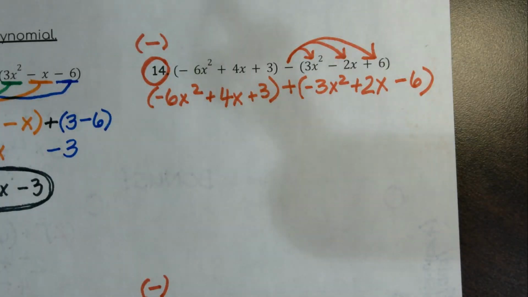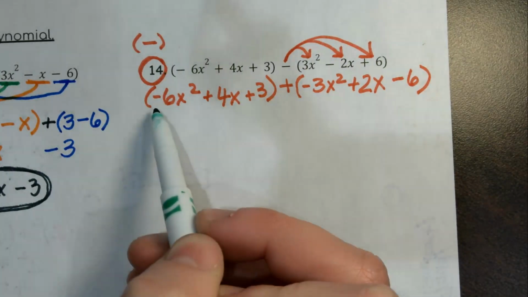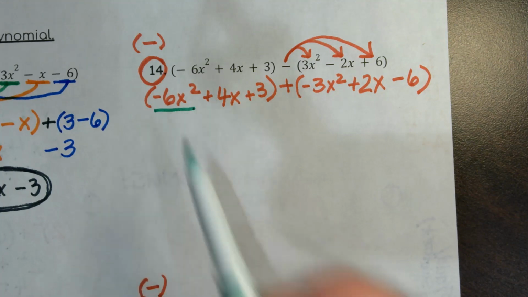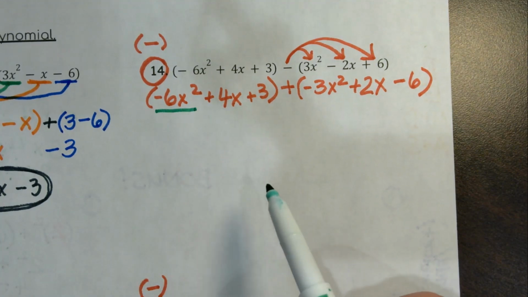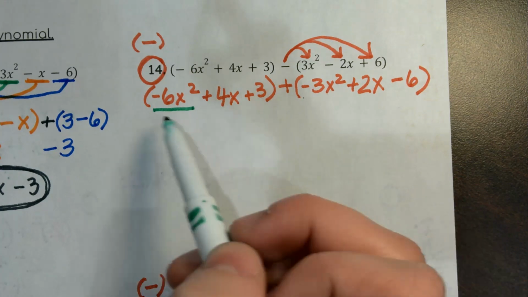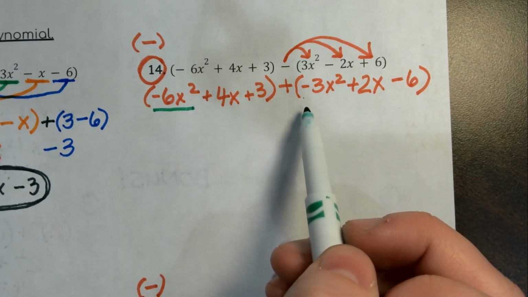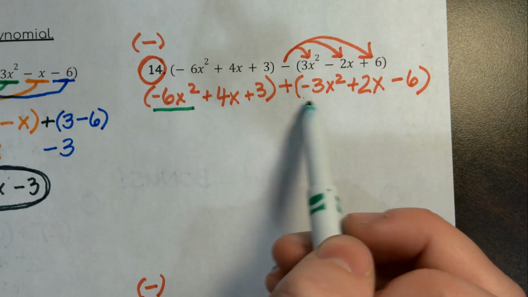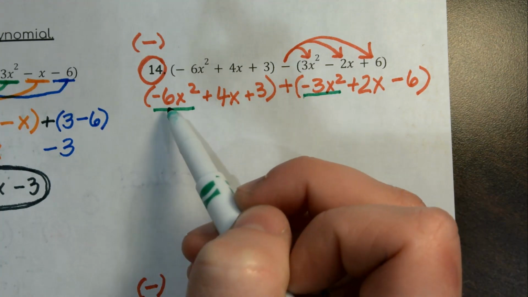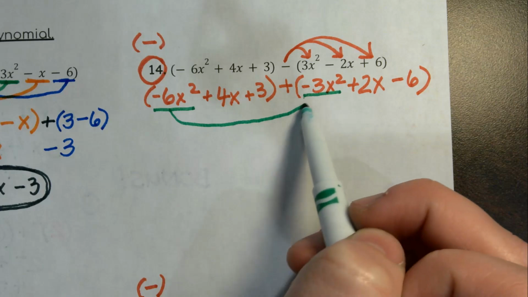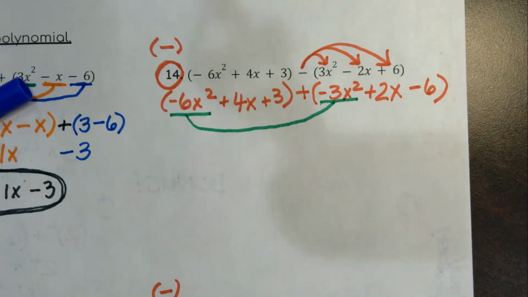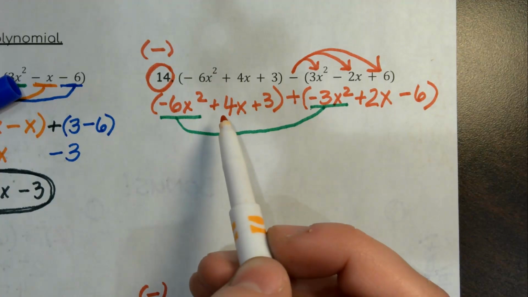So let's begin with this number, negative 6x squared. And that's going to connect to what? Negative 4x squared. Oh, Lewis, what number are you connecting with? Negative 3x squared. Yeah, that's all right. Negative 3x squared. We want to keep our x squareds together. Next set of terms, we have 4x.